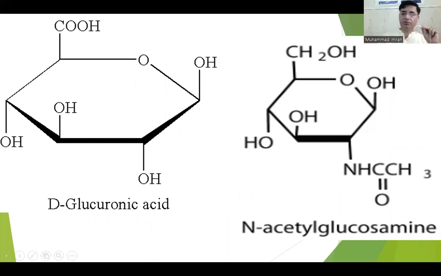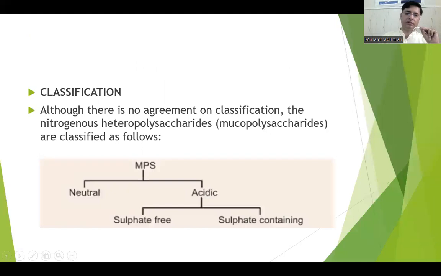This is the most important concept about heteropolysaccharide. So this is glucuronic acid. If this carboxylic group is downward, then it is known as iduronic acid. So this is the amino group, then the acetyl group, so it is known as N-acetylglucosamine.